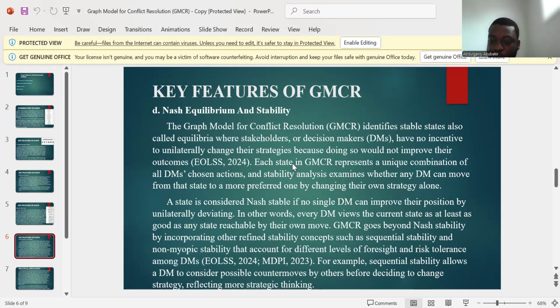So a state is considered Nash stable, that is in equilibrium, if no decision maker can improve their position by deviating, that is, by changing their strategy. So every decision maker views the current state as at least as good as any state reachable by their own move.